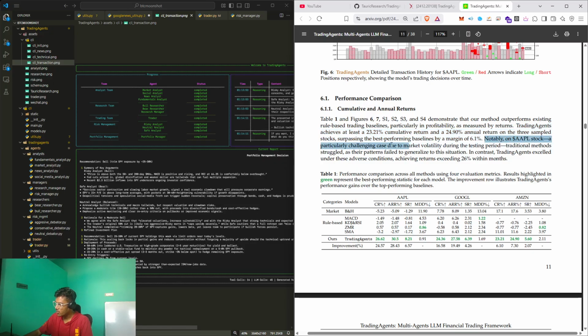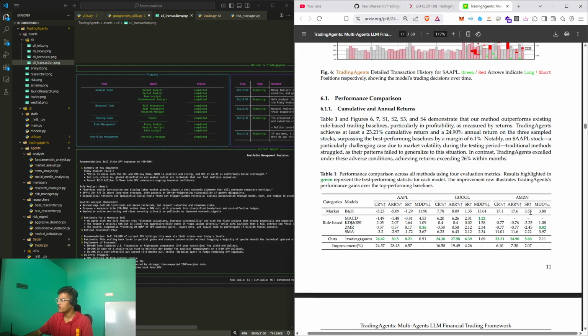Notably on Apple stock, a particularly challenging case due to the market volatility during the testing period, the traditional methods struggled as their patterns failed to generalize to this situation. In contrast, trading agents excelled under these adverse conditions, achieving returns exceeding 26% within months. This is some really good result, guys.